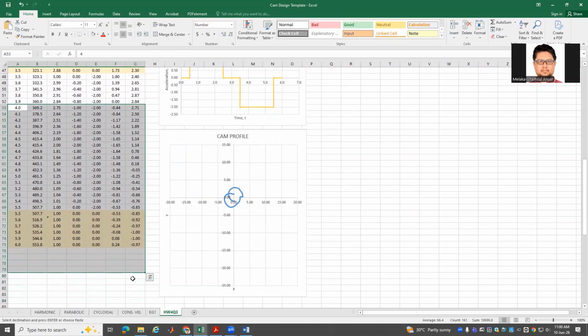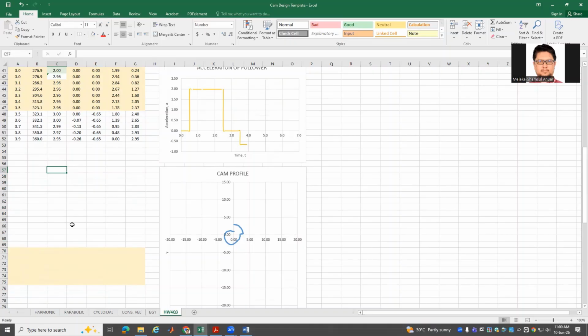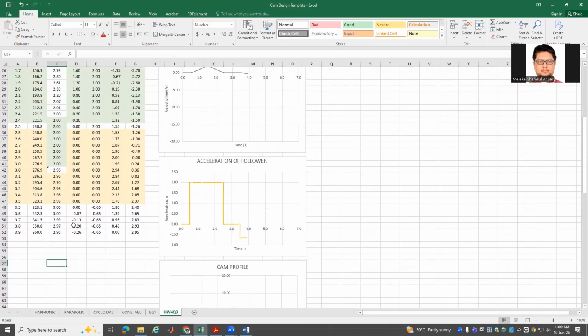So we are interested until 3.9. So 3.0, the second one. So this one, the ES1 is going to be 2.